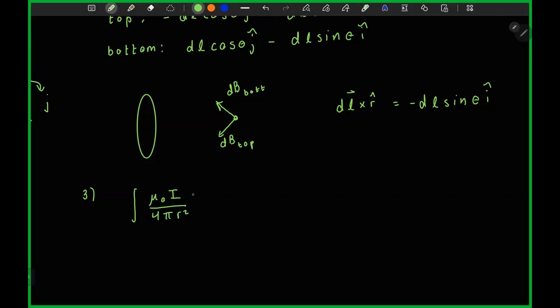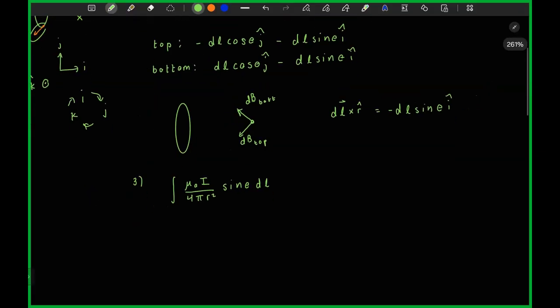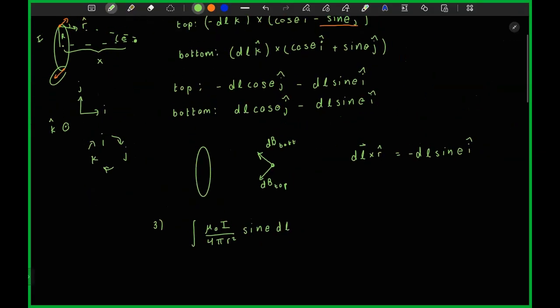The negative i hat gives us direction, so I'm dropping that. Sine theta dl, that is our integral. And now let's ask whether anything varies with our variable of integration. As we go along the ring, does our distance from the point of interest for our magnetic field vary? I'm going to argue not.